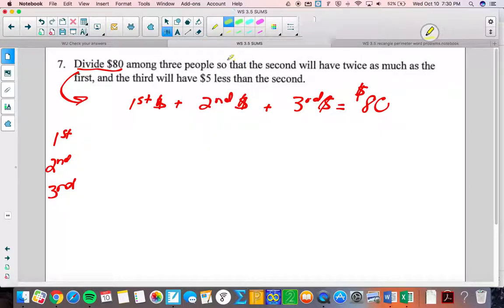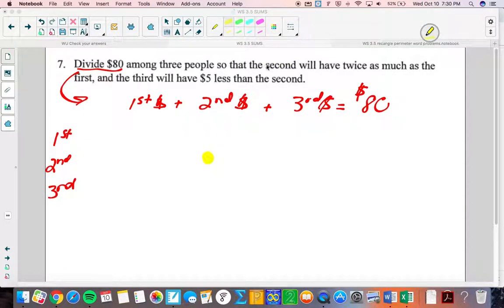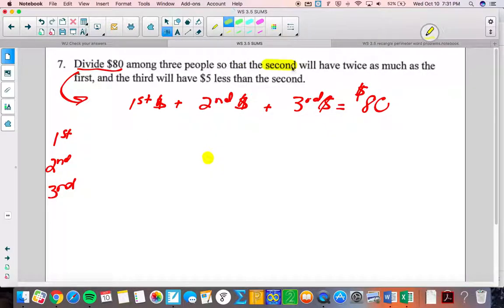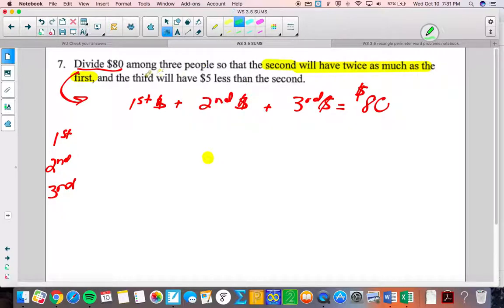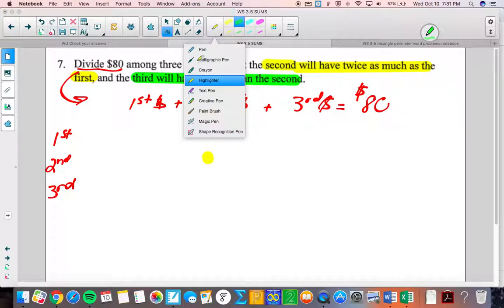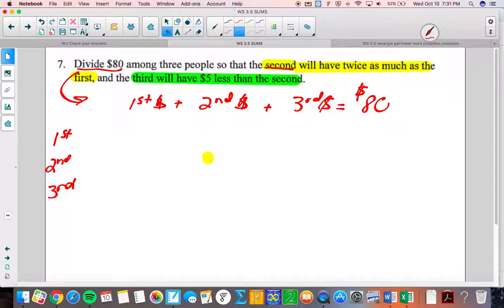Here we get the second person will have yada yada yada. So this sentence is really about the second person. And that description is about the second person. And this description is about the third person. So who doesn't get a description? The first person.